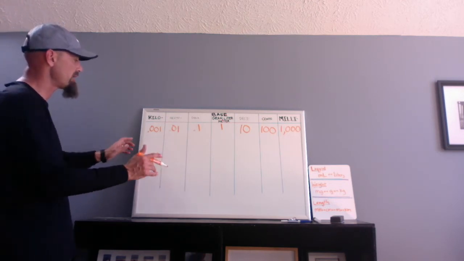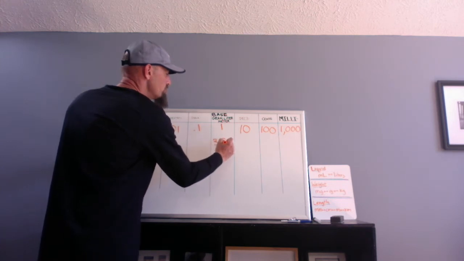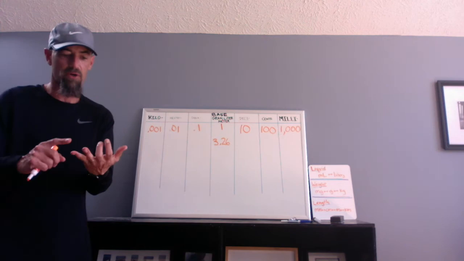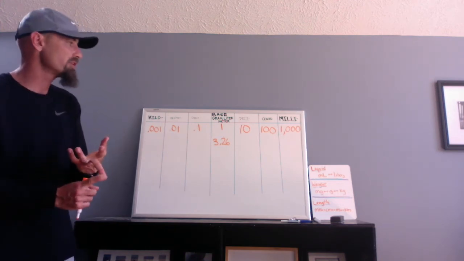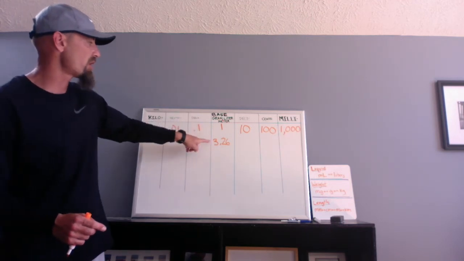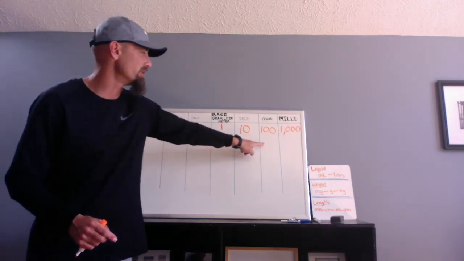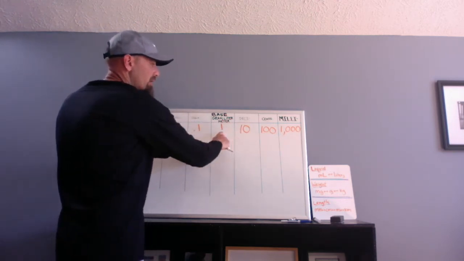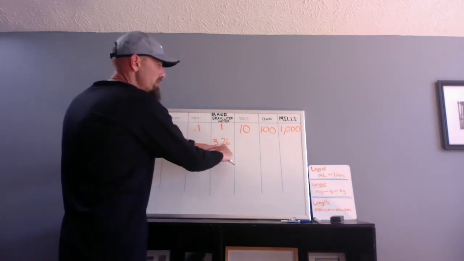Let's say that we had 3.26 as our base. And that could be for a gram, it could be for a liter, or it could be for a meter. And let's try it for length. If we're talking meters, the ones that we would be concerned about are centimeters. Centimeters is multiplied by 100. It's two place values over. Multiply by 10, shift it over once.